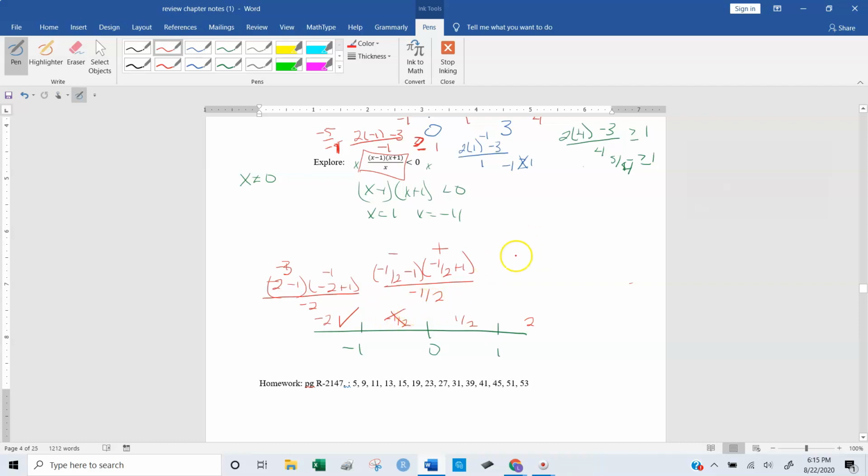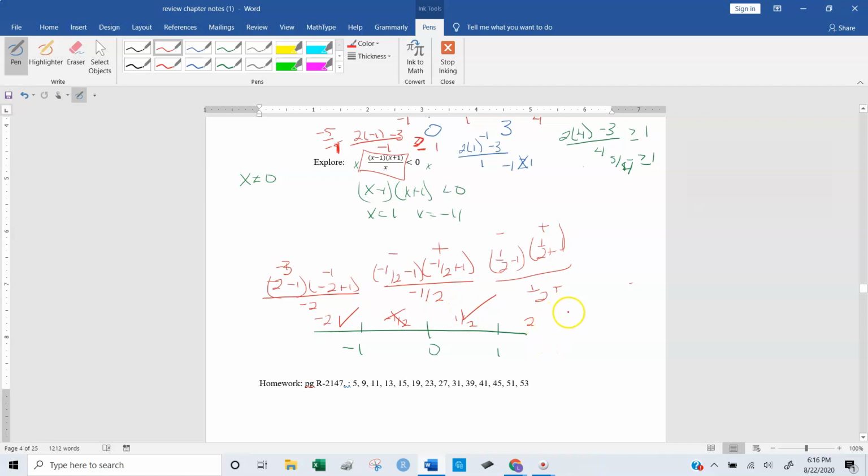Okay, now when you plug in your +1/2, so now you've got the 1/2 minus 1 times the 1/2 plus 1, all over the 1/2. So we have a negative number here, a positive number here, and a positive here. So negative divided by a positive is a negative, so this section does work again.